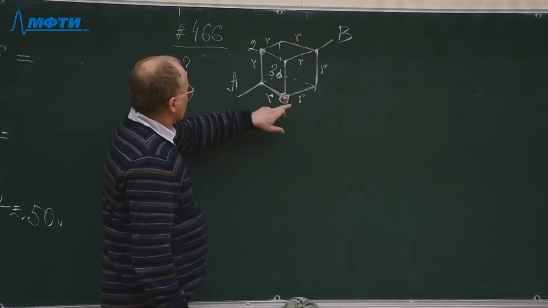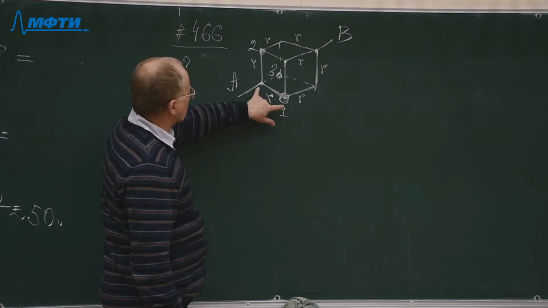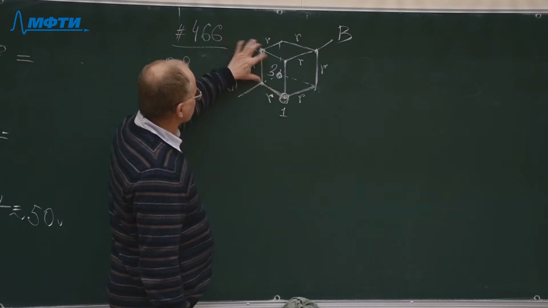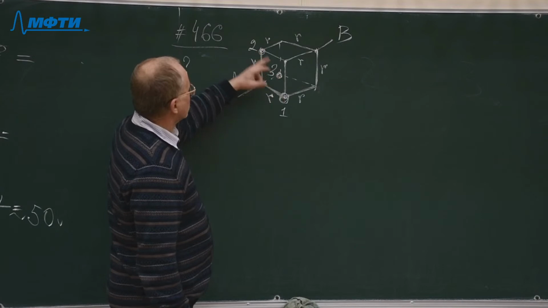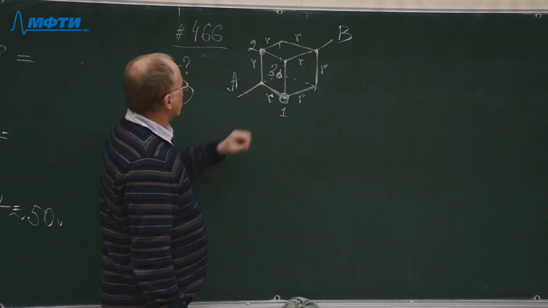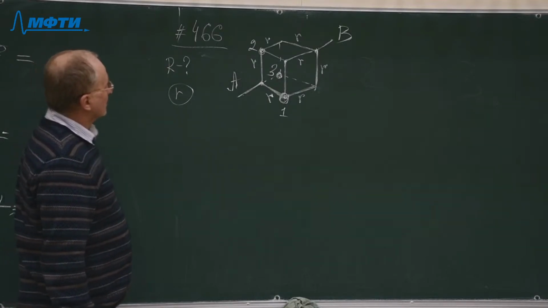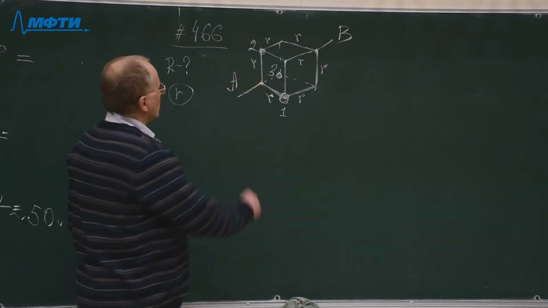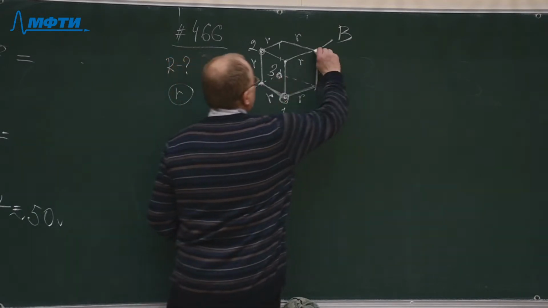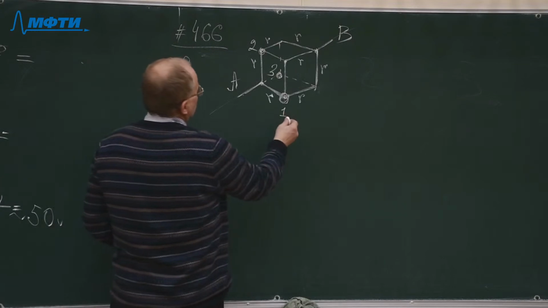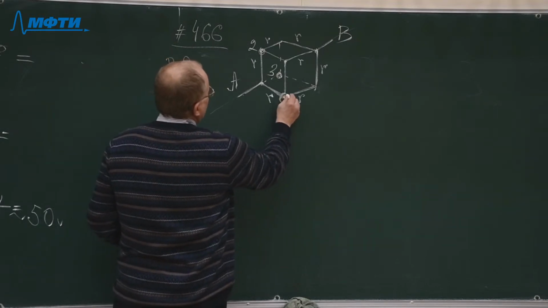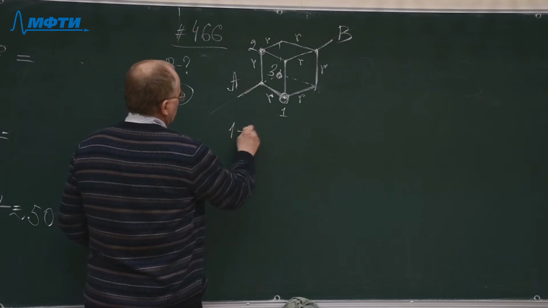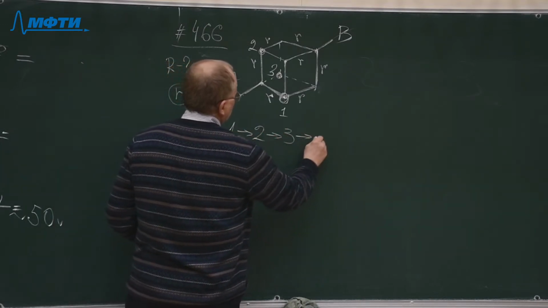Each of these points is separated from point A by just one edge, just one resistance R. So we have 3 points, 1, 2, 3, which are in the same relationship to point A. And what is more important is that if we rotate this cube about the axis which goes through point A and point B, in such a way that point 1 goes to point 2, point 2 goes to point 3, and point 3 goes to point 1.